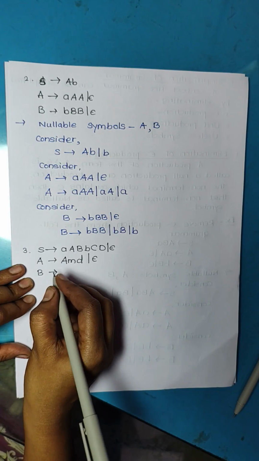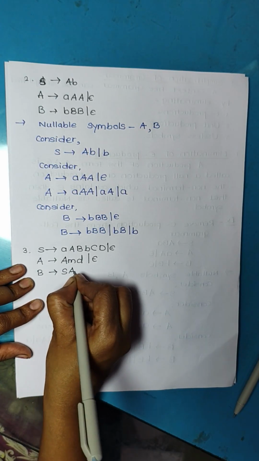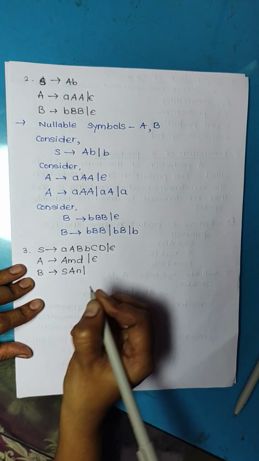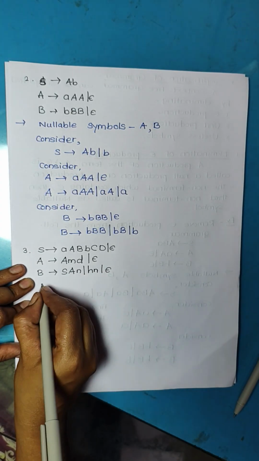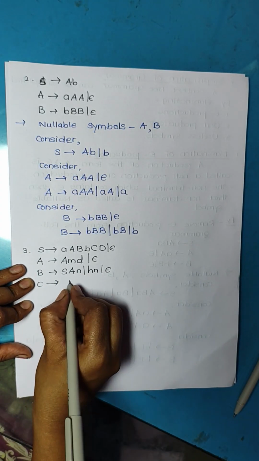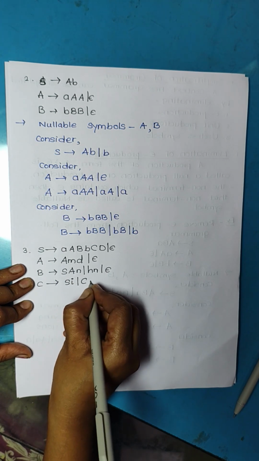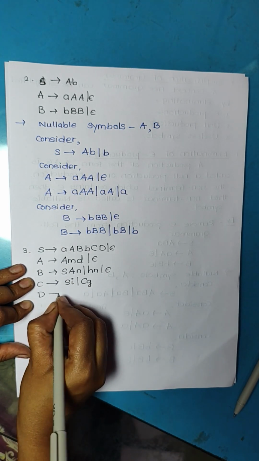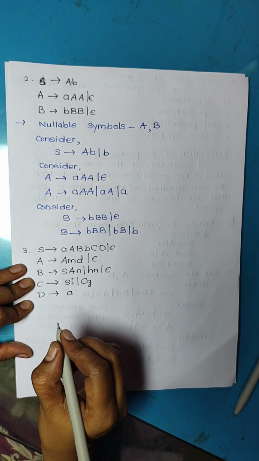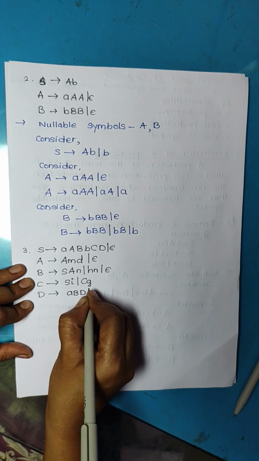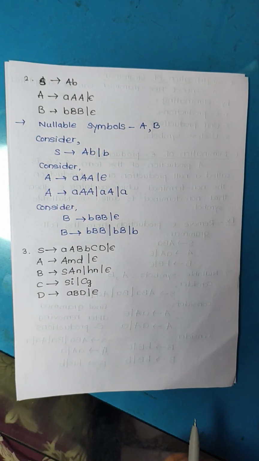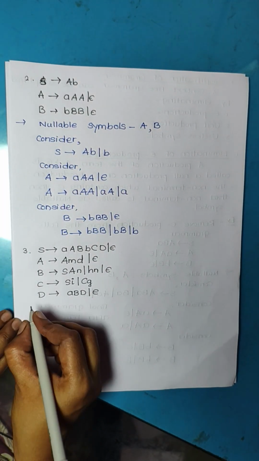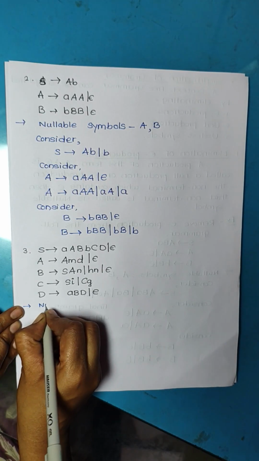B gives S, A, N or H, N or epsilon. C gives S, I or C, G, and D gives A, B, D or epsilon. Here we have to remove the epsilon productions from the given grammar. First of all, identify the nullable symbols.